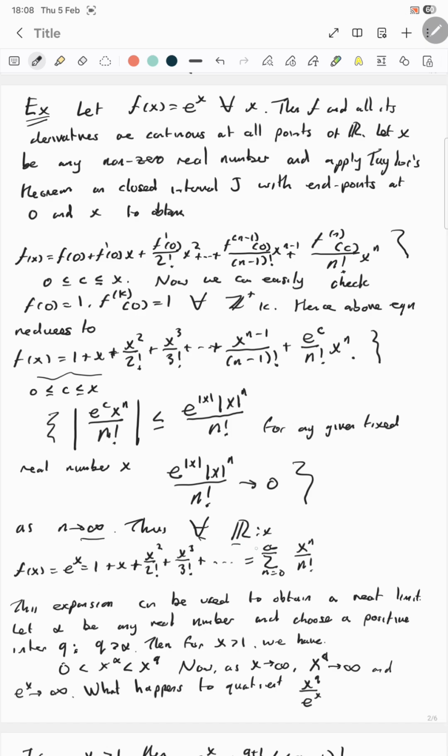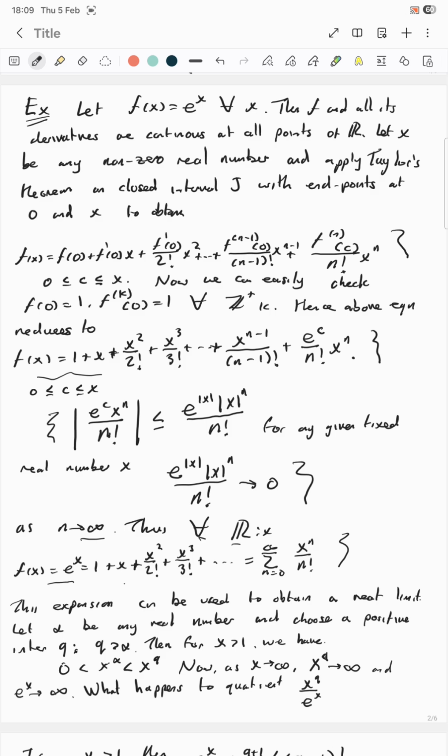Thus for all real x, f of x equals e to the x equals 1 plus x plus x squared over 2 factorial plus x cubed over 3 factorial, and so on, which equals the sum of x to the n over n factorial. And this expression can be used to obtain a real limit.